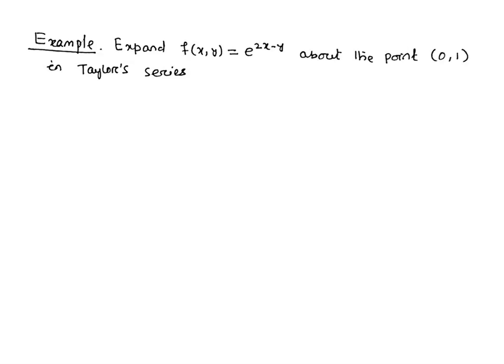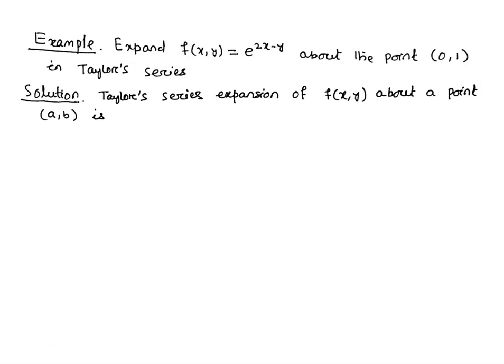Let us take one more example. Expand the function f(x,y) as e^(2x−y) about the point (0, 1) in Taylor series. Now here we have the function f(x,y) is e^(2x−y).